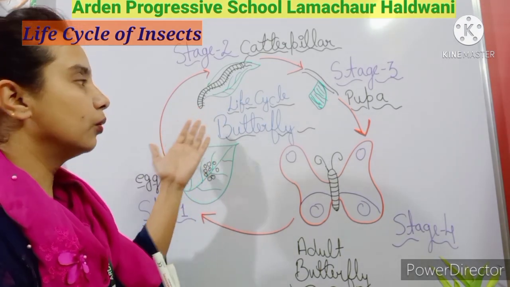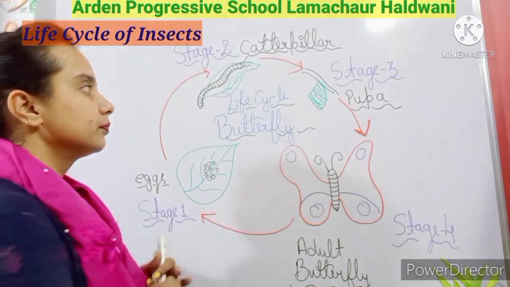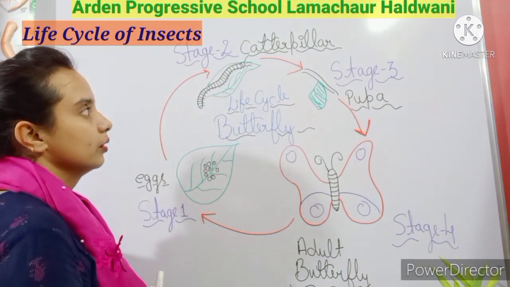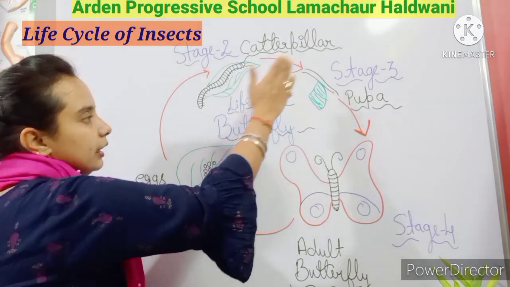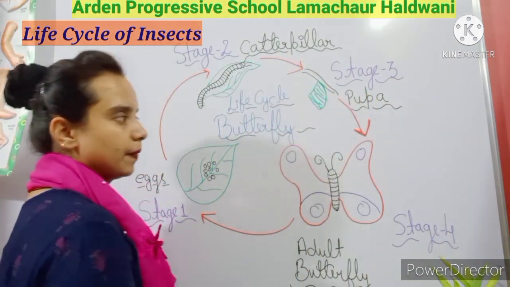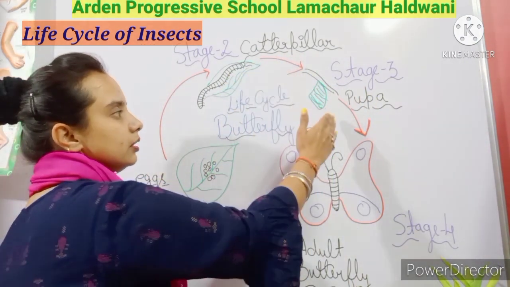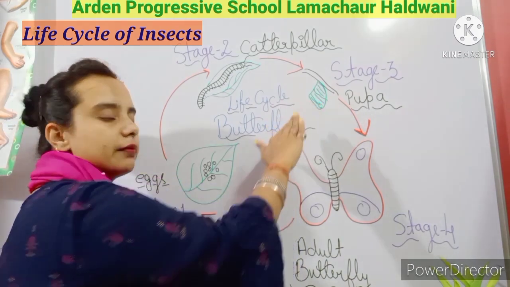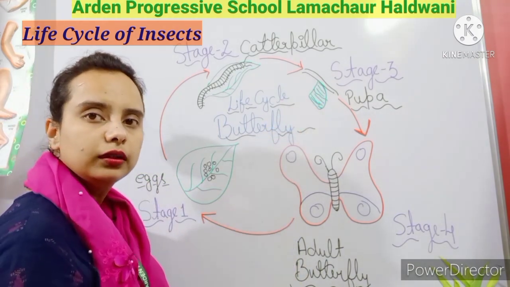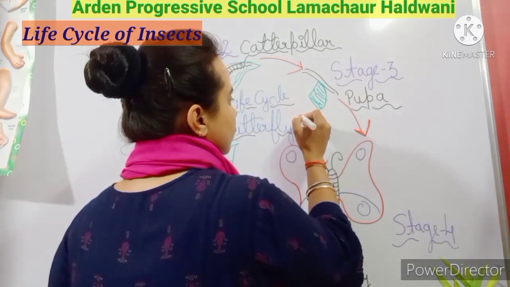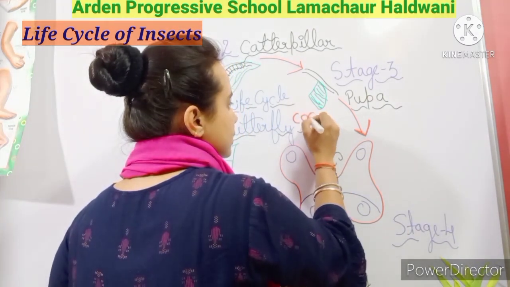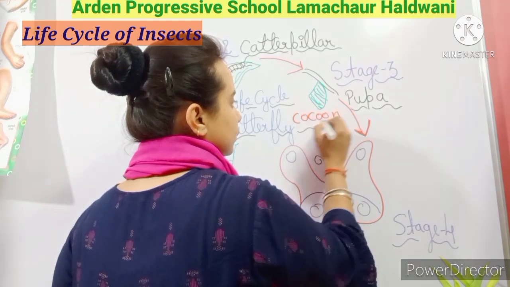they grow more. As they grow into an adult caterpillar, they come to stage 3, where the caterpillar covers itself in a cocoon. Cocoon, spelled COCOON.